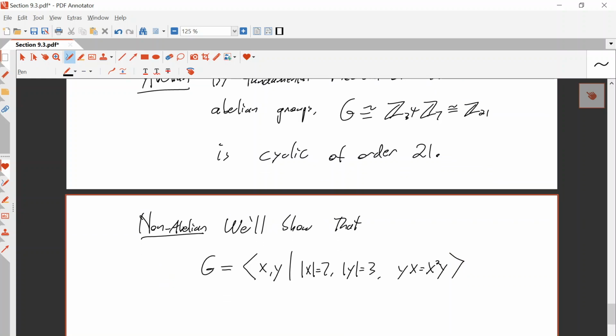So that's what we're looking for here. It's going to be isomorphic to that.